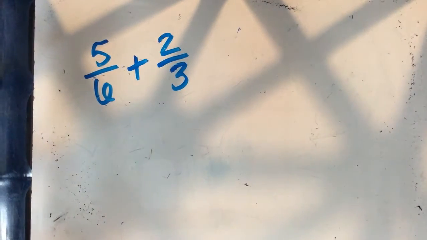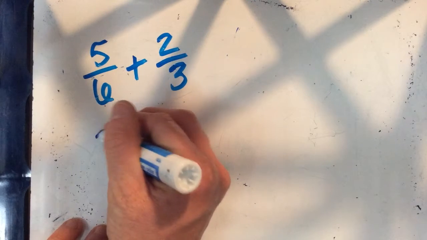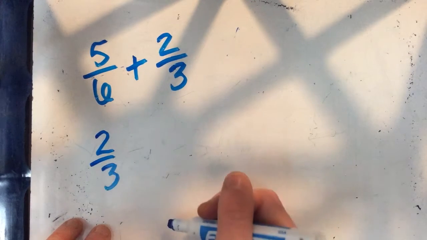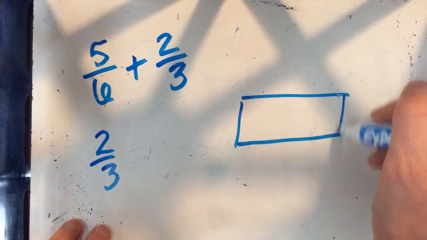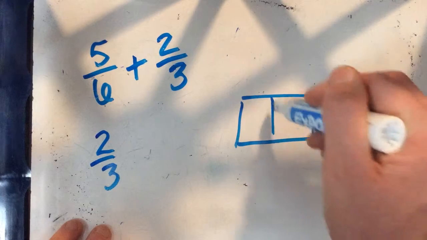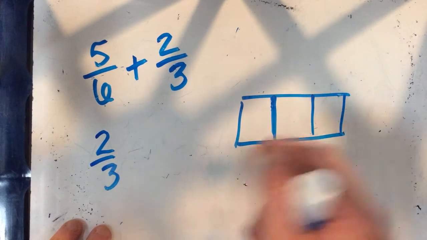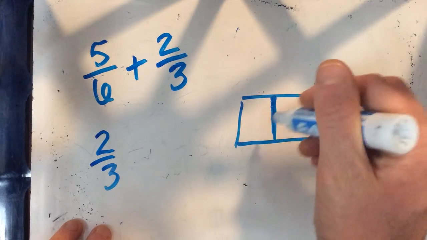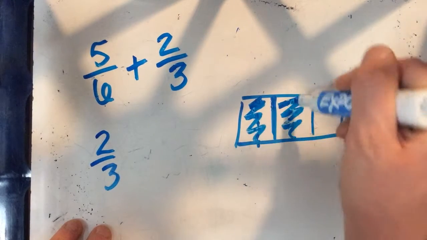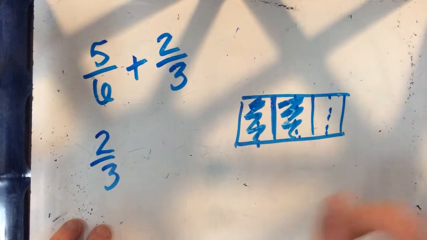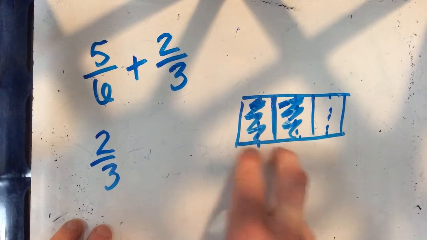So let's take our 2/3, and we know that we're going to have to decompose our thirds. If this was a tape diagram, what we're really doing when we change our thirds into sixths, to find an equivalent fraction for 2/3, is decomposing, which means we split this entire whole into 6 parts.